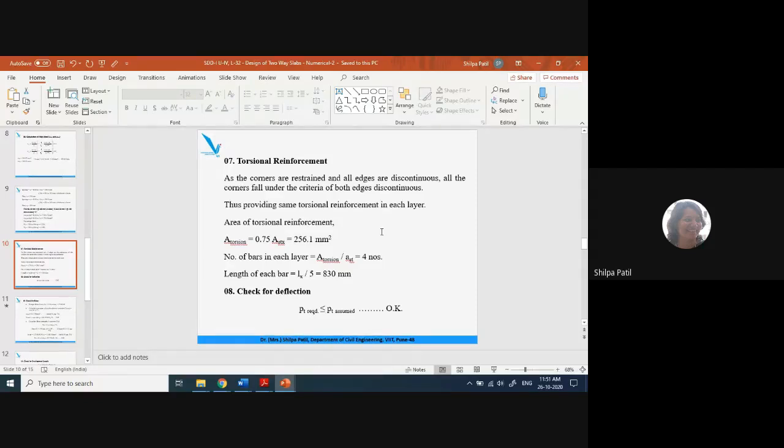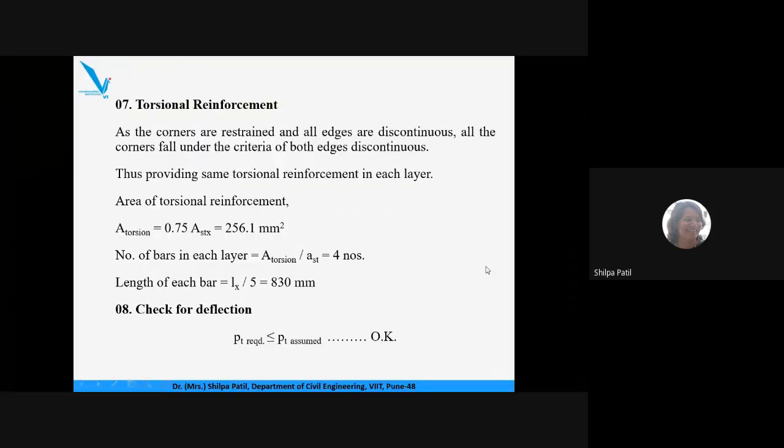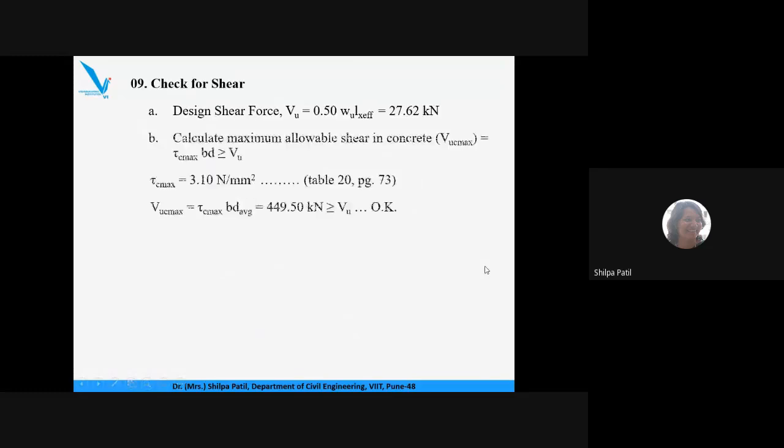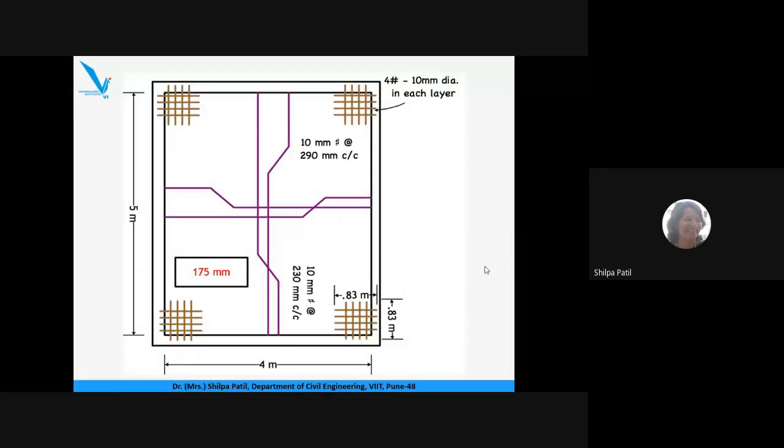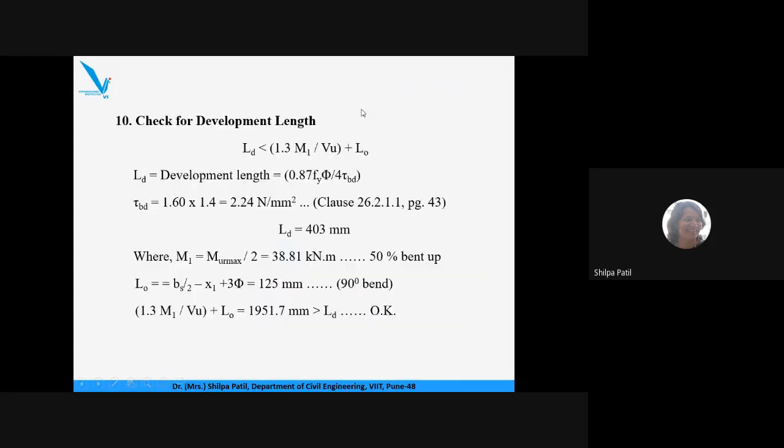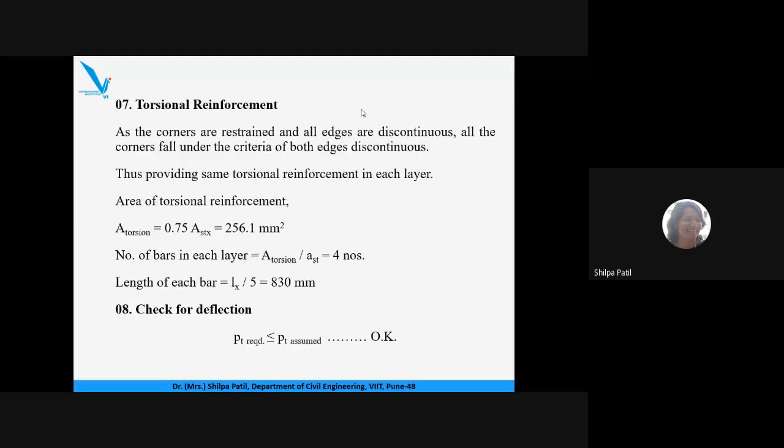Now to find the number of bars, again we have to assume the area of a single bar. Here, I forgot to write down the diameter of the bar. Let me check what diameter I have used here. It is again 10 mm only. The bar which is provided in the corner as torsion reinforcement is again considered 10 mm diameter. So I will make a correction over here.